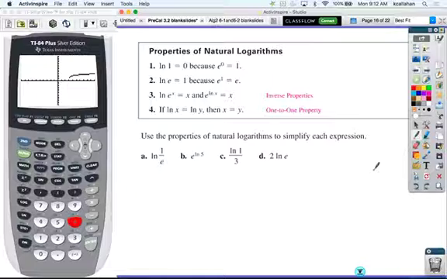Do we have anything up here that talks about ln of 1 over something? Nothing like that at all, right? So how could I change this so 1 over e is written as e to some power? E to the -1, right? So you would write this as ln of e to the -1, and then which property would apply?